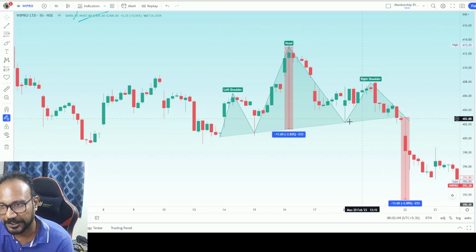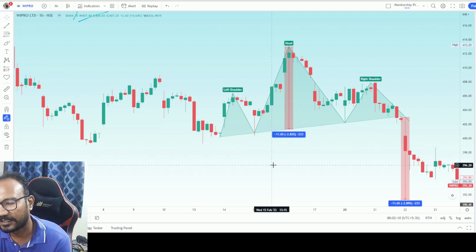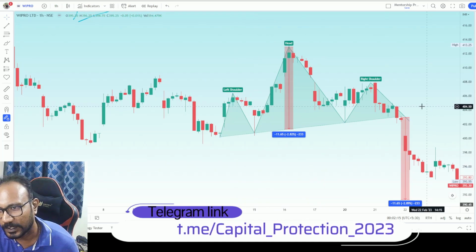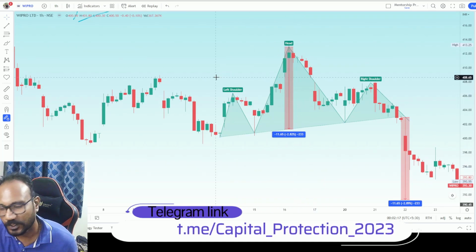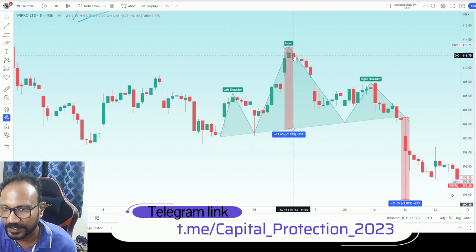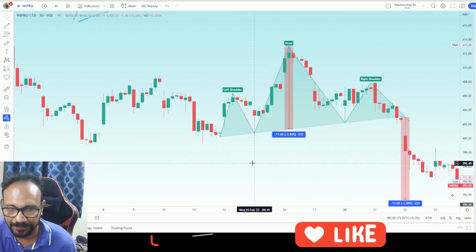That's condition number one, right? You need to keep this first condition in mind very clearly. Unless you see that the shoulders are smaller than the head, this is not a head and shoulder pattern at all, right? So what we see here is a very good classical example of a head and shoulder pattern, right?